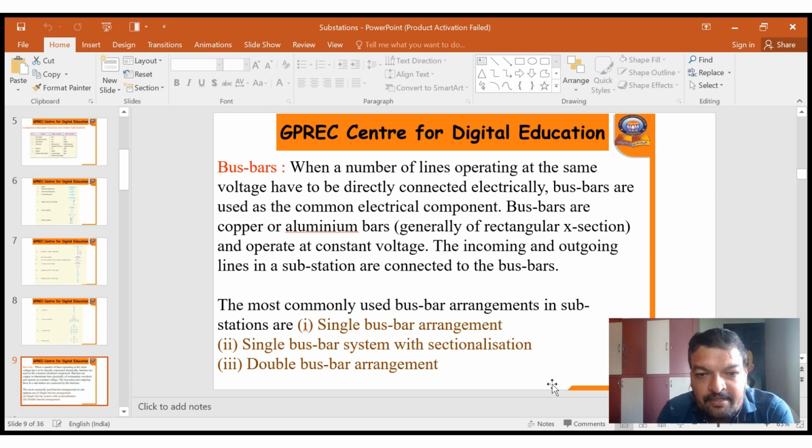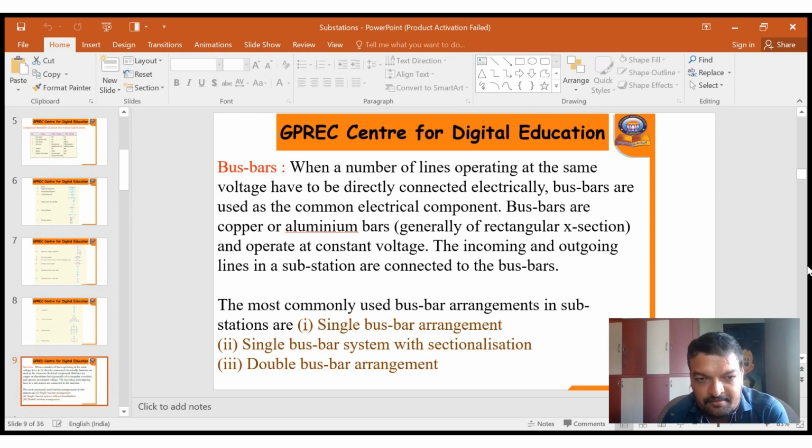The most commonly used bus bar arrangements in substations are single bus bar arrangement, single bus bar with sectionalization, and double bus bar arrangement. Bus bar is a common voltage point where we connect all the same voltage levels.